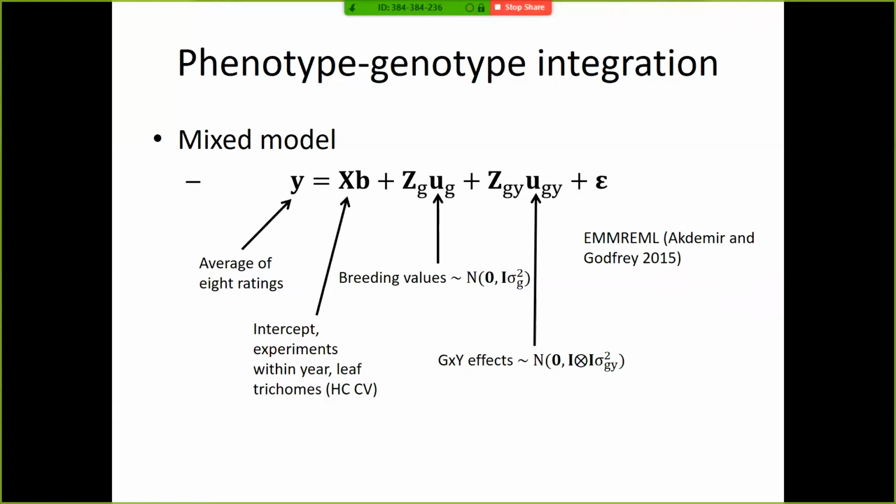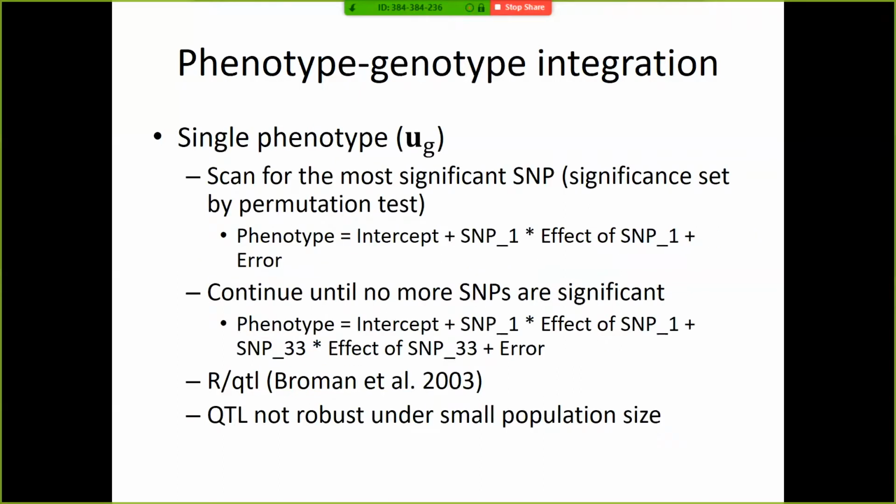And we include genotype by year effects, again assuming that the years are independent. And we fit this using mRebel, which is an R package. So the simplest QTL detection is just using a single phenotype. I'll use the term phenotype, but I'm really going to use the breeding value as the response variable in this case.